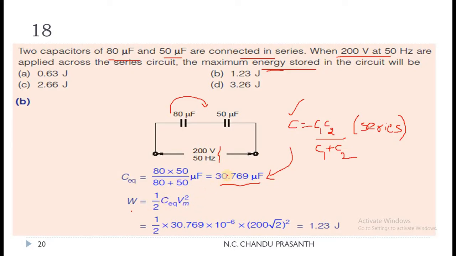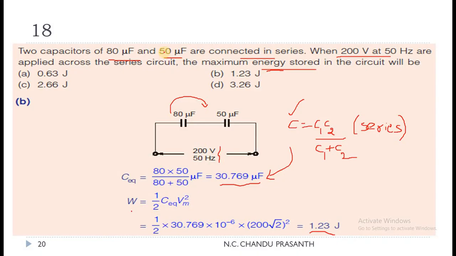We already know the value of C equivalent and the voltage Vm. So half into 30.769 microfarads into 200 root 2 whole square. By doing the calculation, we can get 1.23 joules.